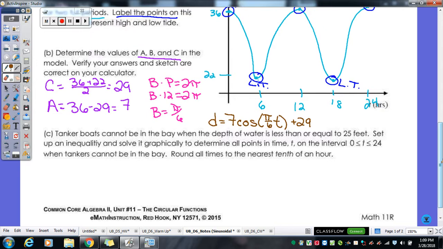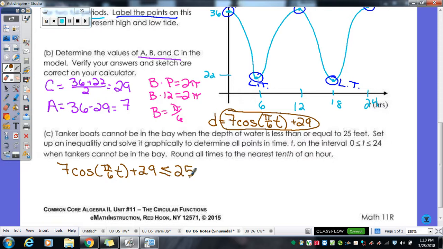Well, we already have our equation for our curve, so we're going to use that. And the tankers cannot be in the bay if it's less than or equal to 25. So that's our inequality we would set up.